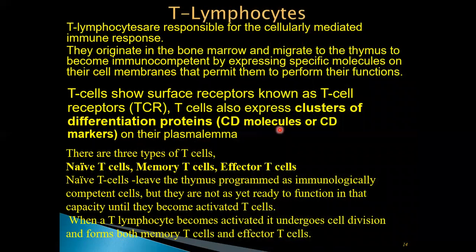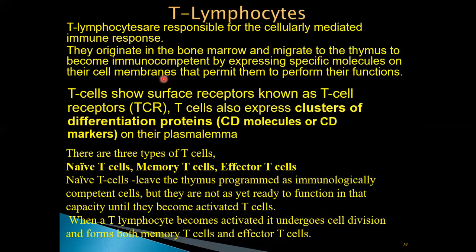Now the T lymphocytes are responsible for cellular immunity, or cell mediated immunity. They originate in the bone marrow. From there they migrate to the thymus, where they become immunocompetent. It means that when they are formed in the bone marrow, they are naive cells. From there they migrate to the thymus, and in the thymus they mature, or acquire the capability to function, by expressing specific molecules in their cell membrane.